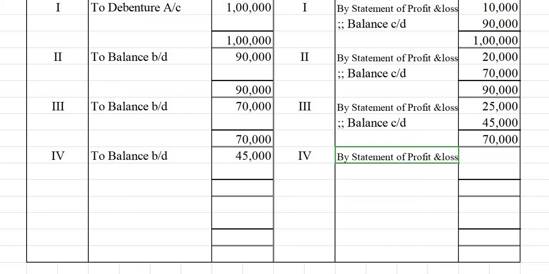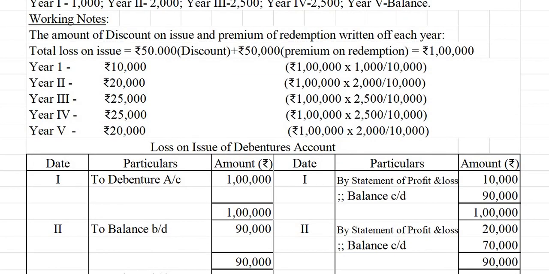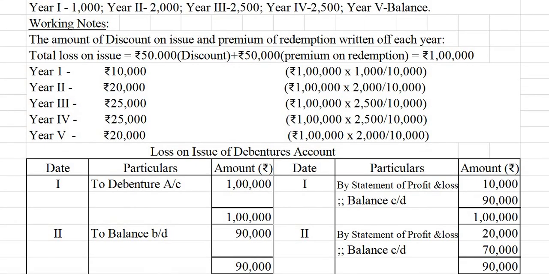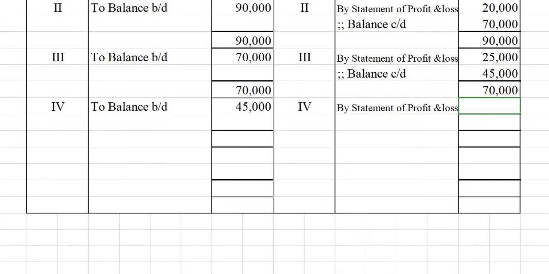How much? Again 25,000 only. In the fourth year, 25,000 as shown here can be written off. Now the balance: 45,000 minus 25,000, remaining is 20,000.